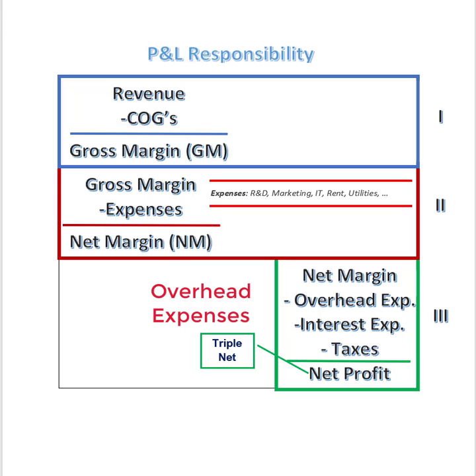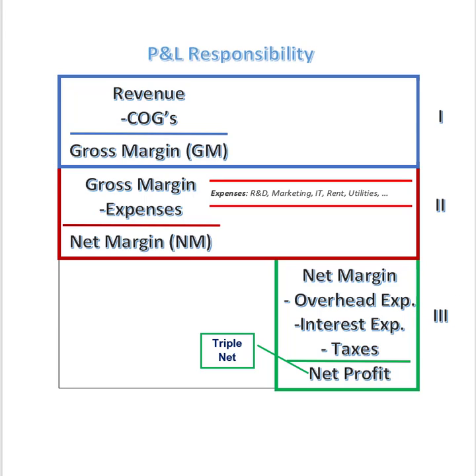So essentially, all of the expenses that are not directly related to the production, creation of a particular product or service appear either in Part 2 or Part 3. We effectively separate them to those that can be assigned to a functional department, Part 2, to those that cannot be assigned to a functional department, Part 3.